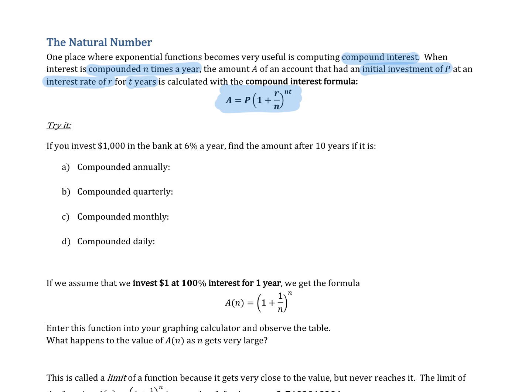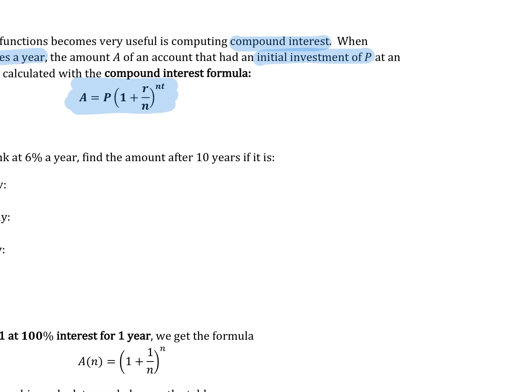And N is the number of times compounded per year, all right? If you're not familiar with compound interest, what that means is if I put $1 in the bank, and at the end of the year or at the end of some time period, they give me a 1% interest. Well, now I have $1.01. So 1% of $1 is 1 cent. So I get that 1 cent and my bank account goes up.